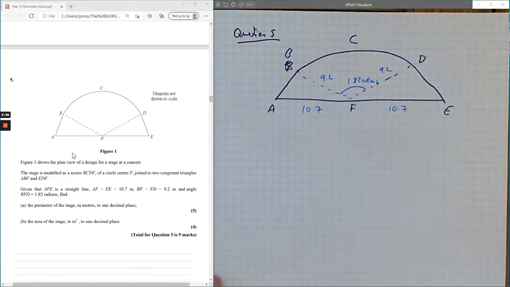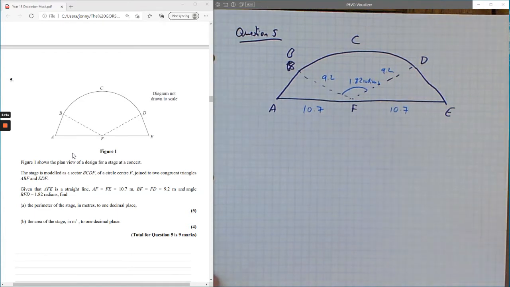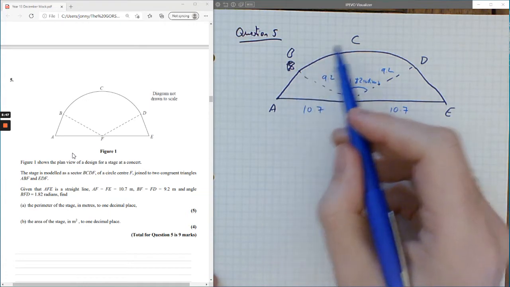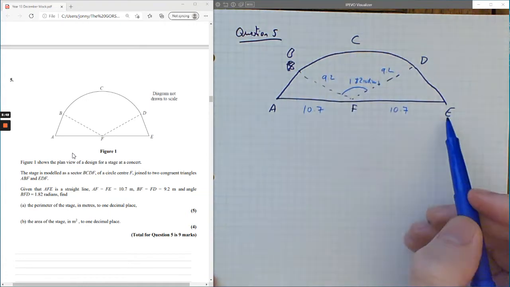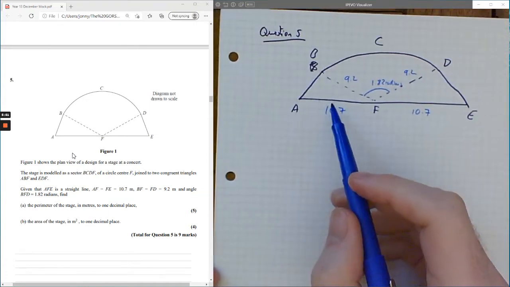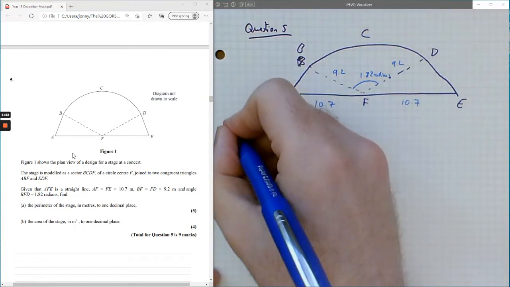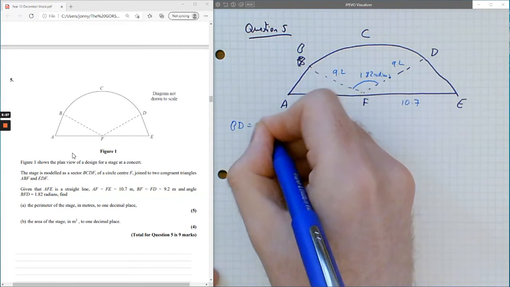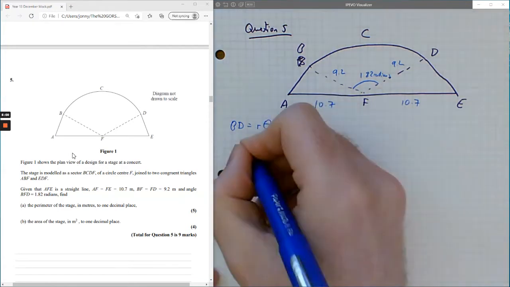Okay. The perimeter of the stage in meters to 1 decimal place. So if we're going to get the perimeter, right, we've got the two 10.7s. We need AB, BD, and DE. So let's start by stating what BD is. So BD is a sector, so the arc length is given by r theta.